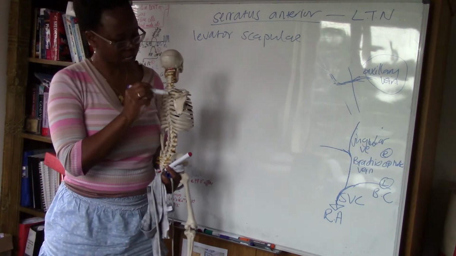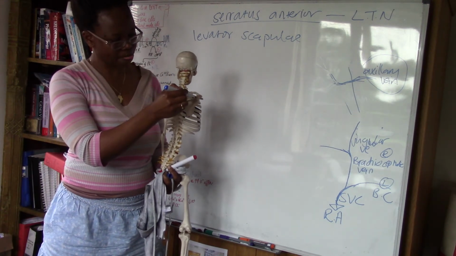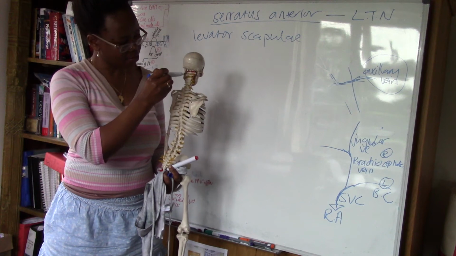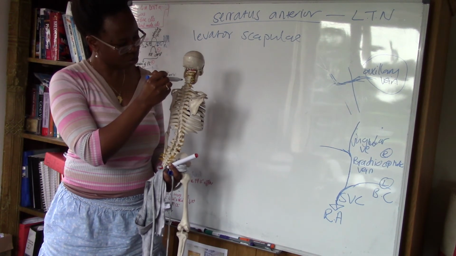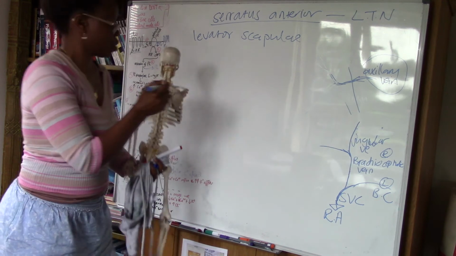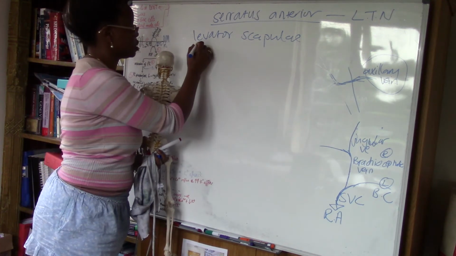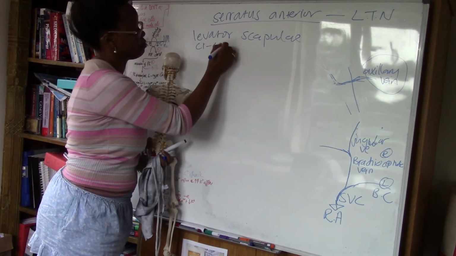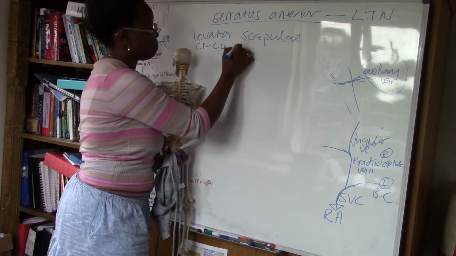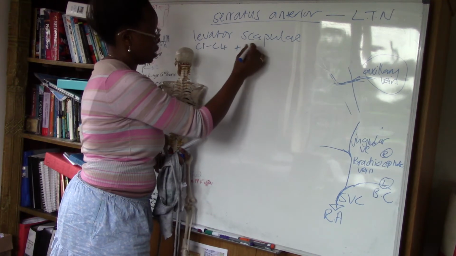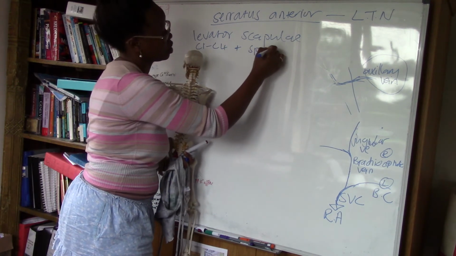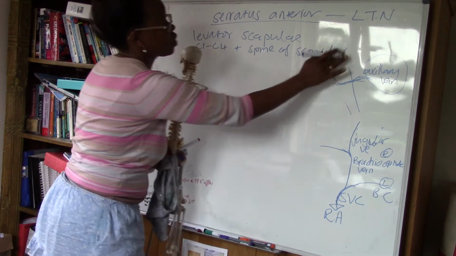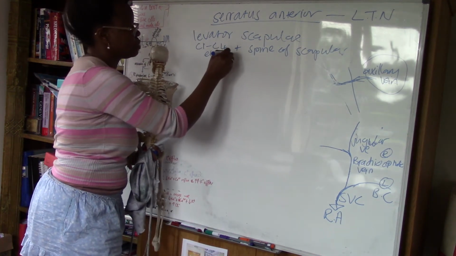These are the muscles that join at the spine of the scapula, and they run from C1 to C4, and spine of scapula. And all they do is elevate and depress the scapula.